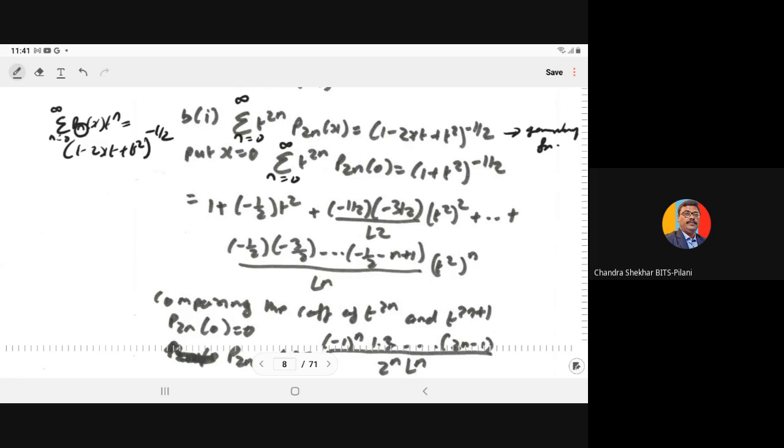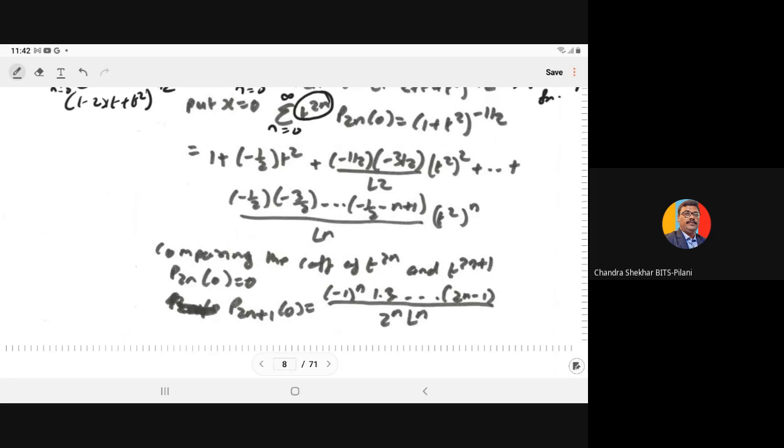So when we compare the coefficient of t to power 2n on both sides, you will get, it is wrongly written, it is the P_2n plus 1 is equal to 0.